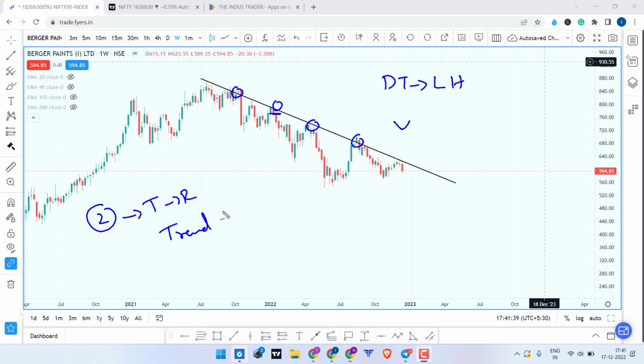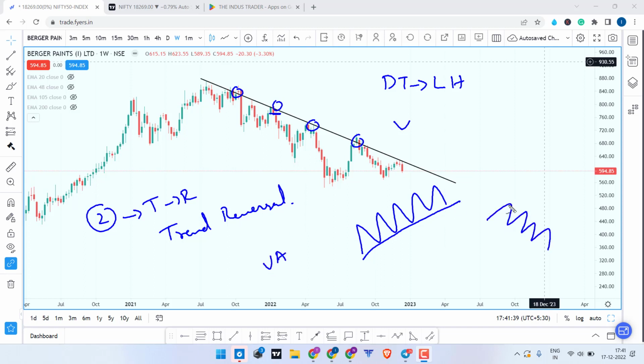Trend reversal we are going to talk about in a few minutes. So in an uptrend you should always draw a trend line according to your value areas. In an uptrend your higher low is your value area.